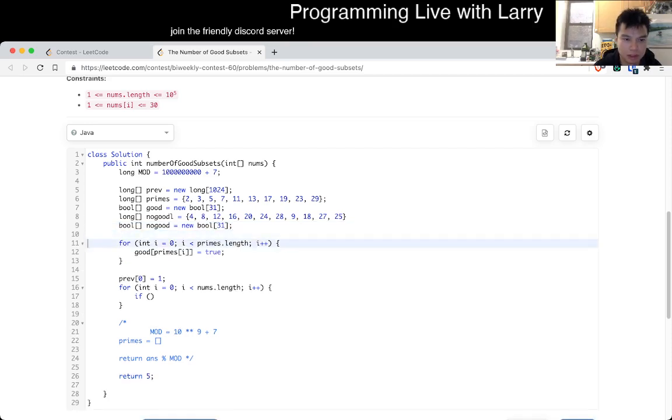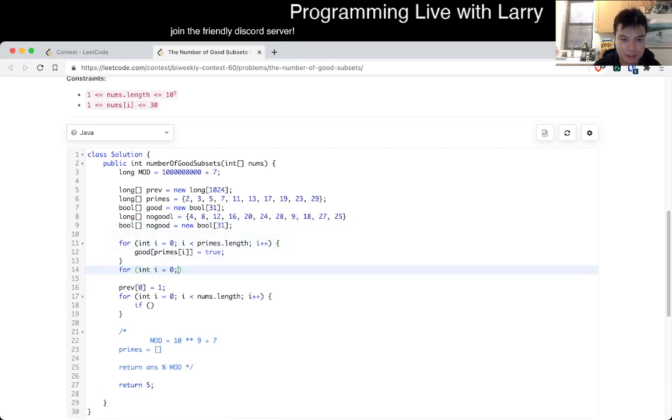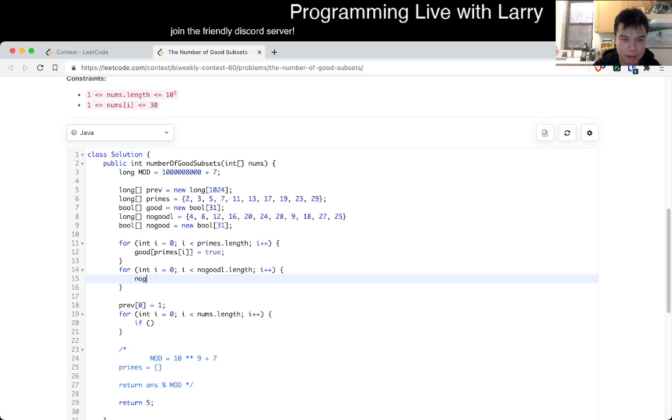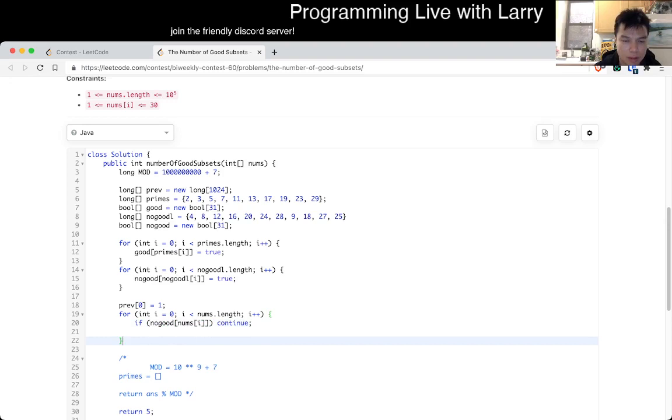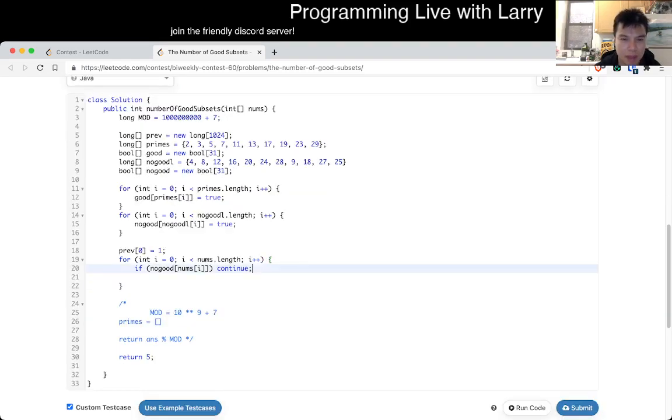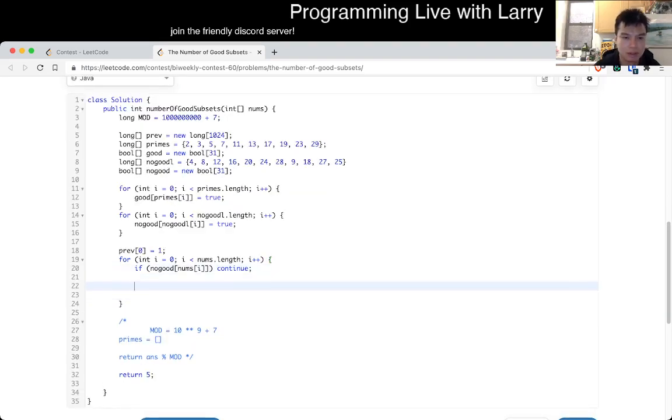There may be a cleaner way to do this, but basically we want to be able to skip this and do this thing very quickly. If this is no good, then we continue, because that means that this number can never be a part of a set, except for 1 maybe.